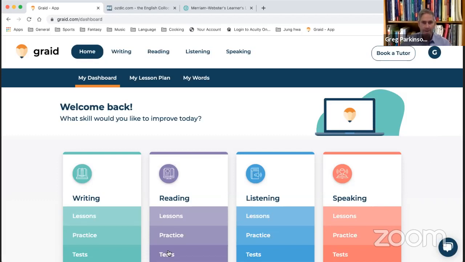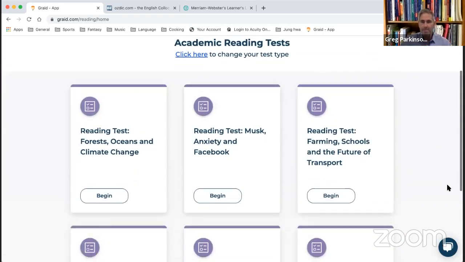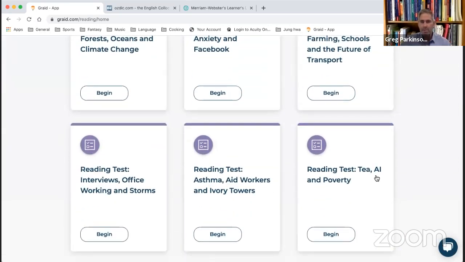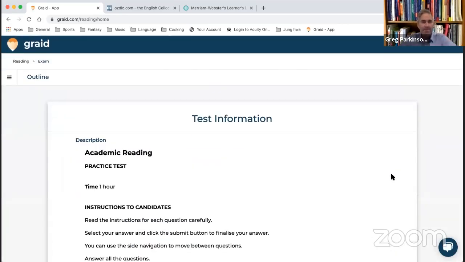We go down to tests and let's work on the one that we did last time. So remember last time we looked at the section on tea. Today we're going to be looking at a section on artificial intelligence. I just want to familiarize you again with the test itself.